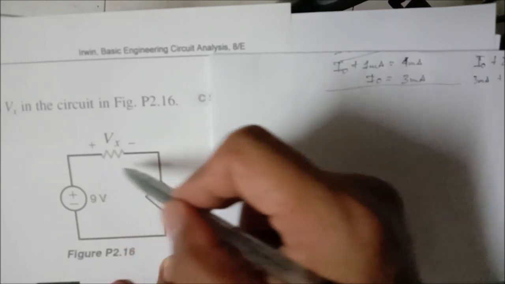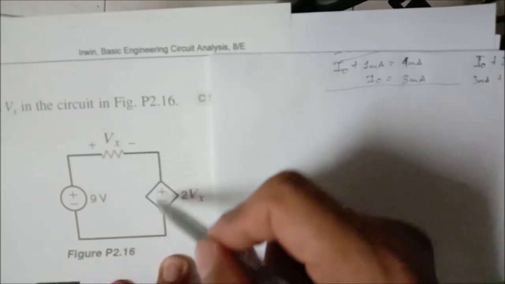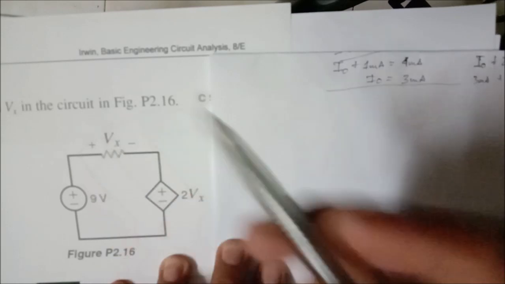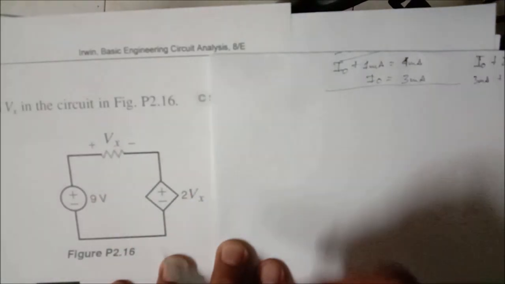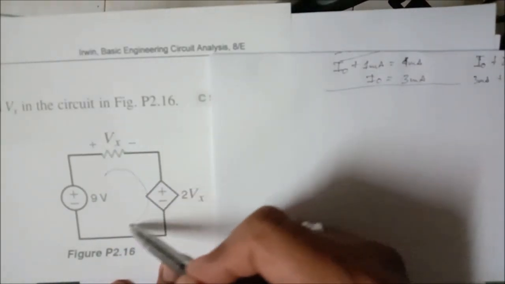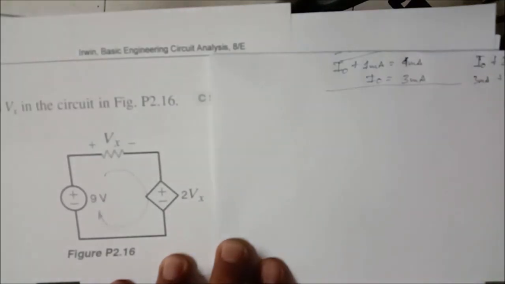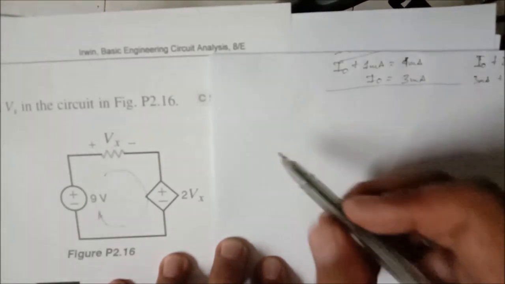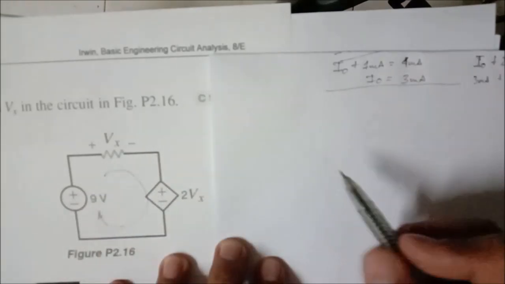Pag ganun ang iyong takbo, clockwise, kung saan papasok yung arrow natin, yun ang ating sign. Okay? At equivalent yan lahat sa 0. Kirchhoff's voltage law. The summation of voltages around a closed loop is equivalent to 0. Okay? So, yun po yun. Kaya ito, nilagyan ko ng arrow kung saan ang takbo niya.